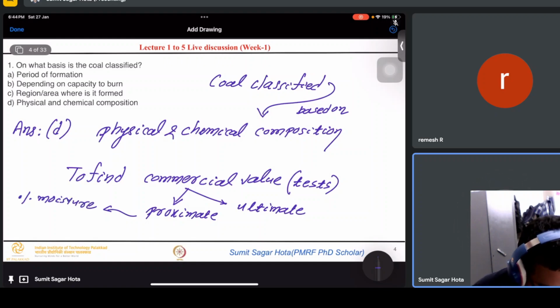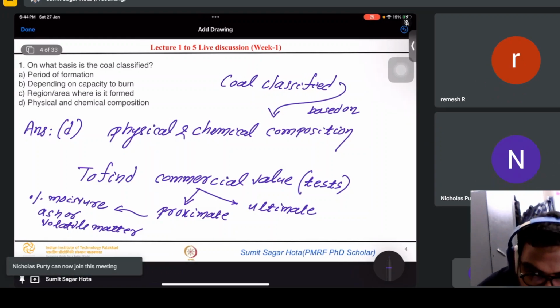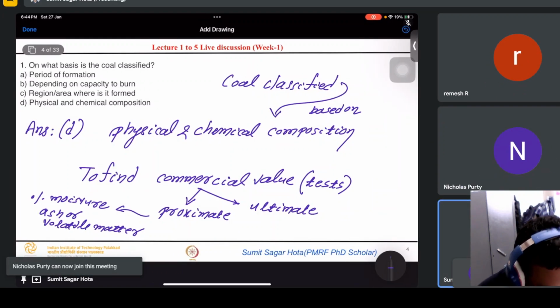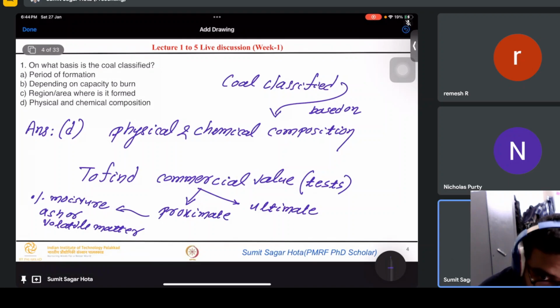Mass or volatile matter. Ultimate analysis, proximate analysis is the important thing. Ultimate analysis is the basic analysis of coal, application, temperature, heating value.